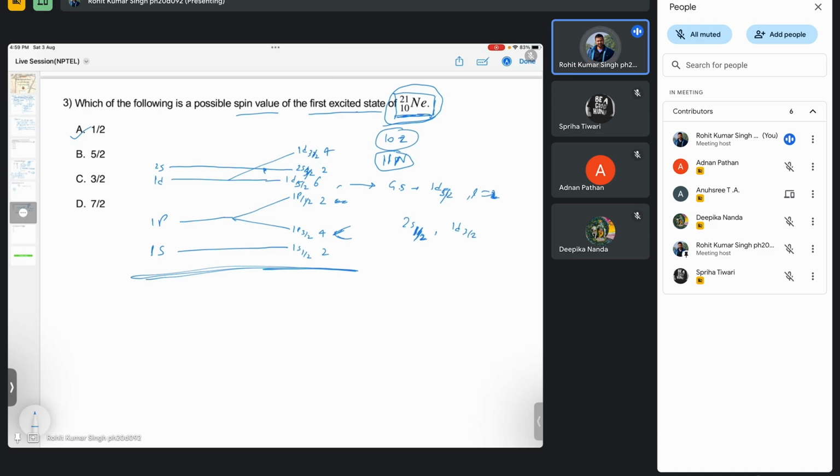Something more is there than this shell model. Beyond the spin orbit coupling, you have quadrupole moments of the nucleus. But I don't know if those are in the scope of the syllabus.